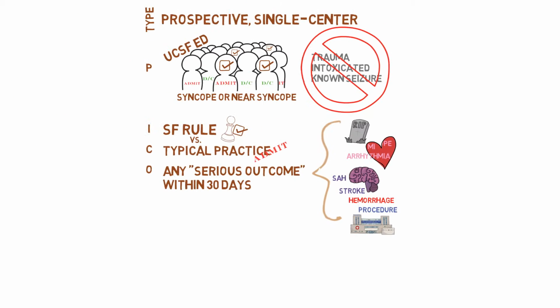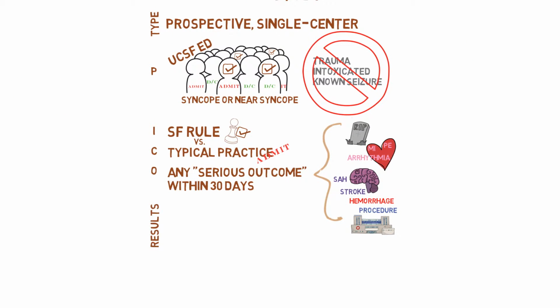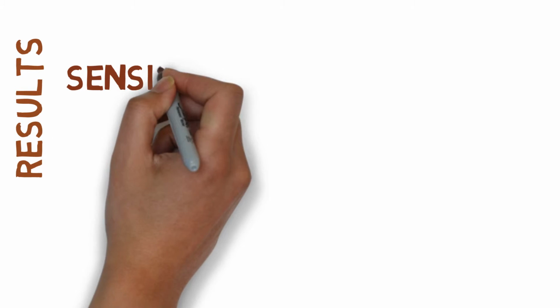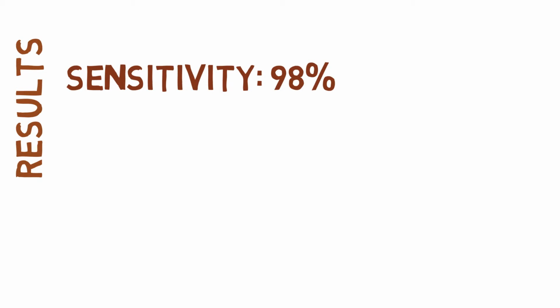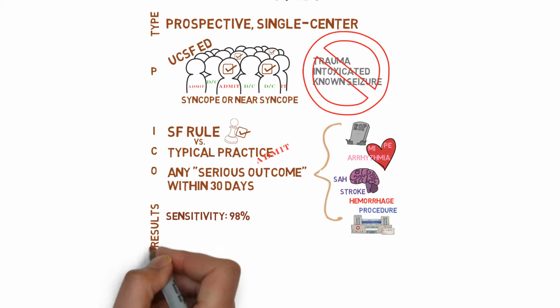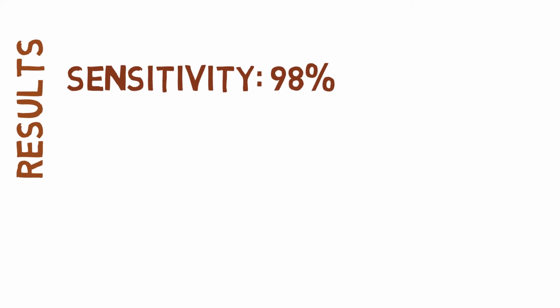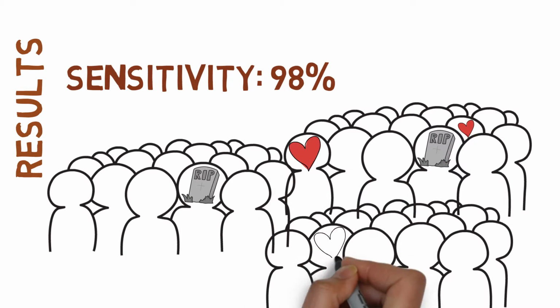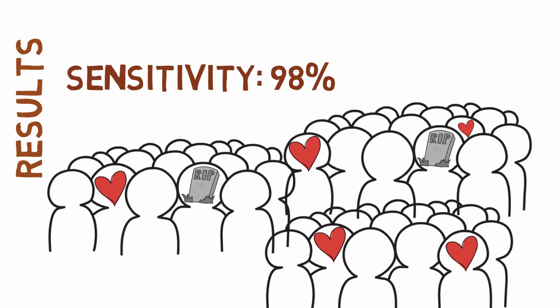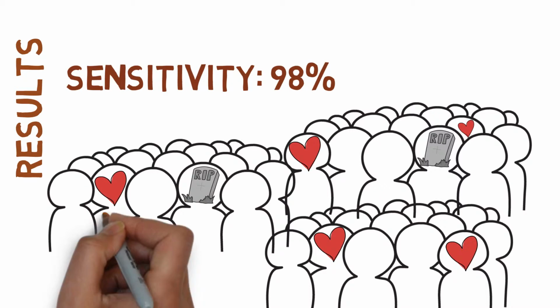The results of this study were pretty impressive. The CHESS criteria were found to be 98% sensitive for predicting those serious outcomes. This means that when you look at all of the patients who had serious outcomes, whether it be death or a cardiac event or something else from the list, those patients were CHESS positive almost all of the time.